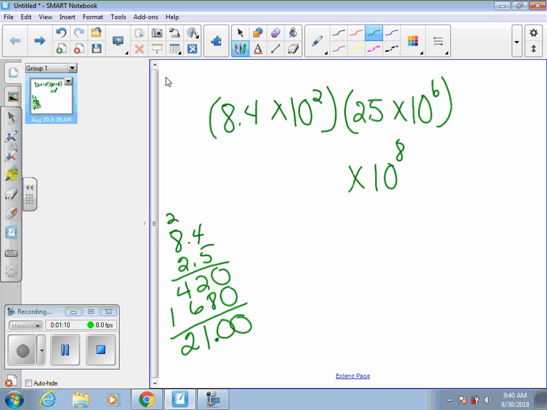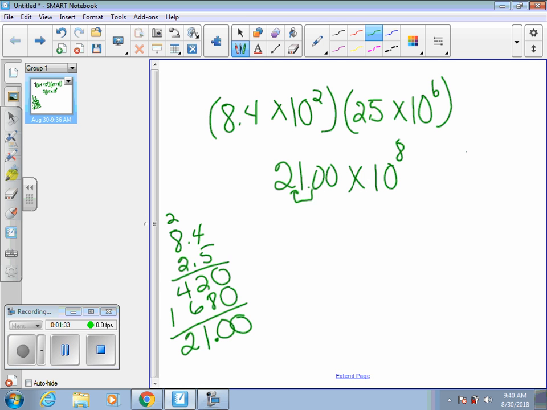Okay? So we end up with 21 times 10 to the 8. The problem is that's not scientific notation. So if we're going to make it into scientific notation, we have to move that decimal over one place, because the rule is you can only have one number to the left of the decimal.